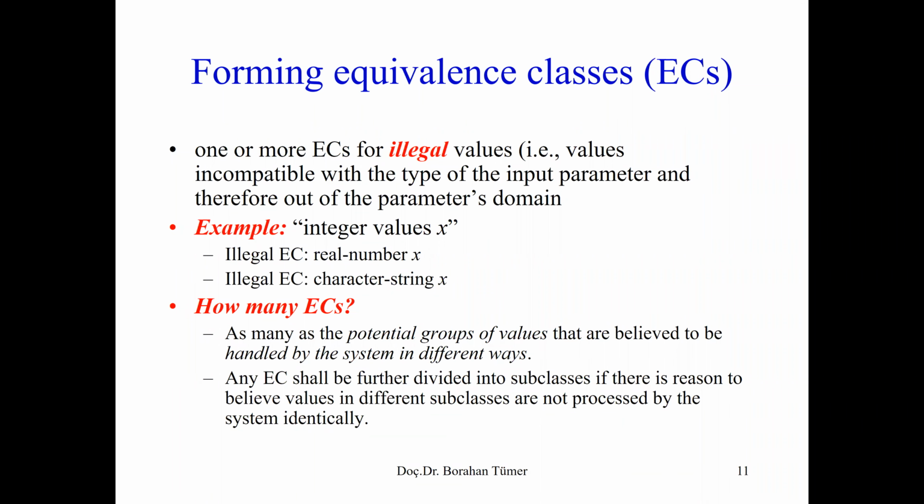But later, after these 4 equivalence classes have been formed, if we have further reason to believe that, for example, in the first equivalence class, there are groups of values that make the system behave in 2 different ways, then we can further divide this first equivalence class into 2.